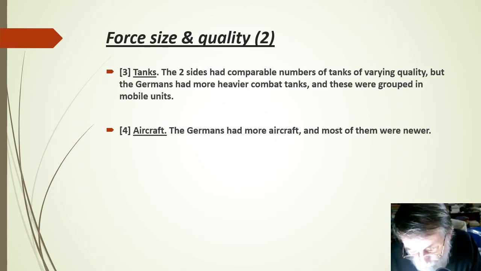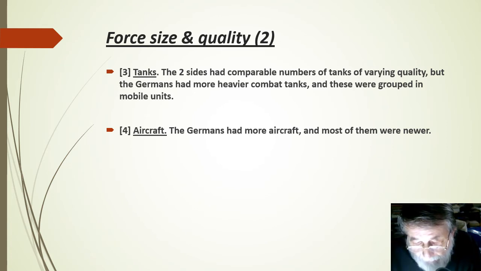Importantly, more German armored units were organized as mobile divisions, whilst the French armor was dispersed in direct support of infantry battalions. As to aircraft, the Germans had more, over 3,000 compared to over 1,700 for the French and British with their Belgian and Dutch allies.